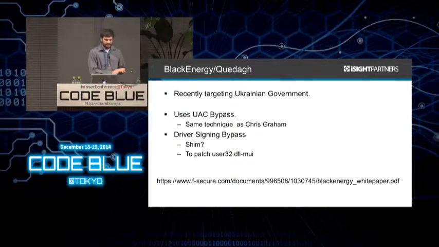and my first initial thought was that they were using shims to do this, but I talked with Anton, I'll mention it here in a minute, and he said that's not the case. Basically, to do their driver signing bypass, it's possible to put your computer into developer mode, and then you have the ability to load unsigned drivers.